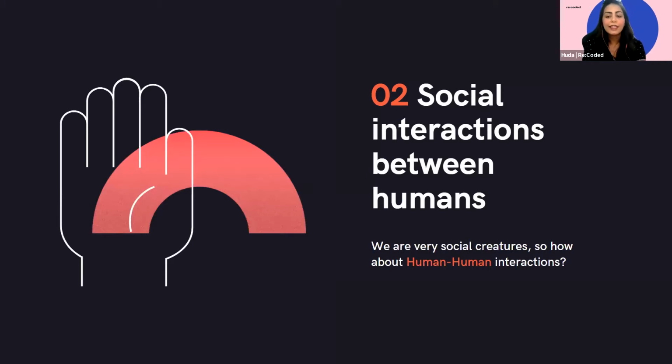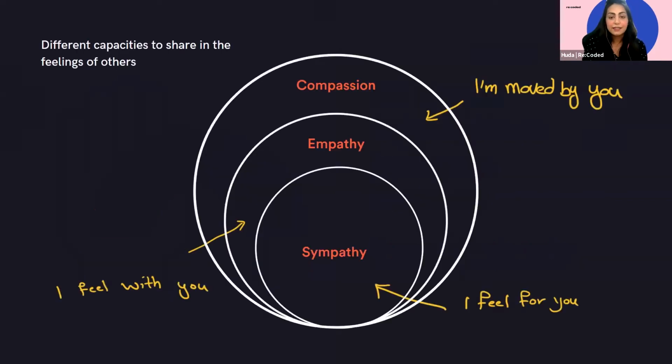So how about human interactions? Can I have some emotions based on the emotion of somebody else? The answer is yes, we can, but there are different capacities to share in the feelings of others.